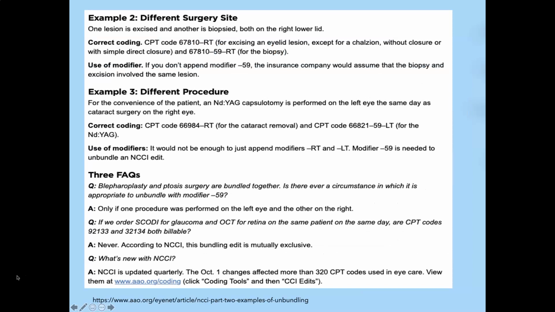All right, so there's some more examples here of a different surgery site, different procedure, and then some FAQs that I pulled up here that are helpful to kind of give you those examples. So I'll let you read through those and see what you think.